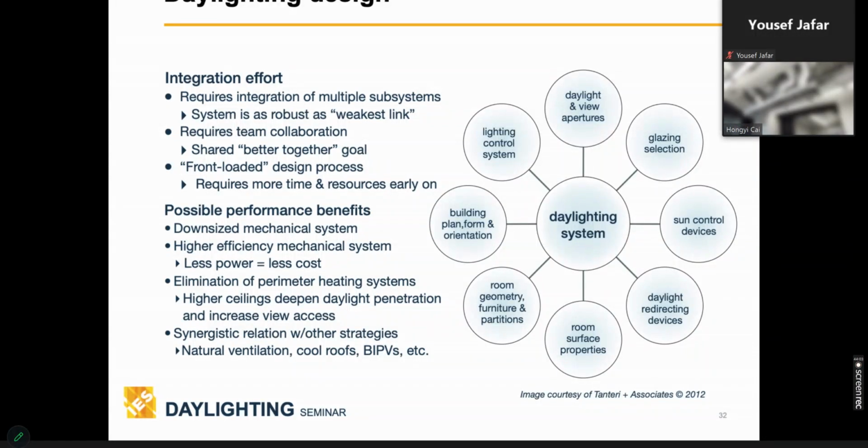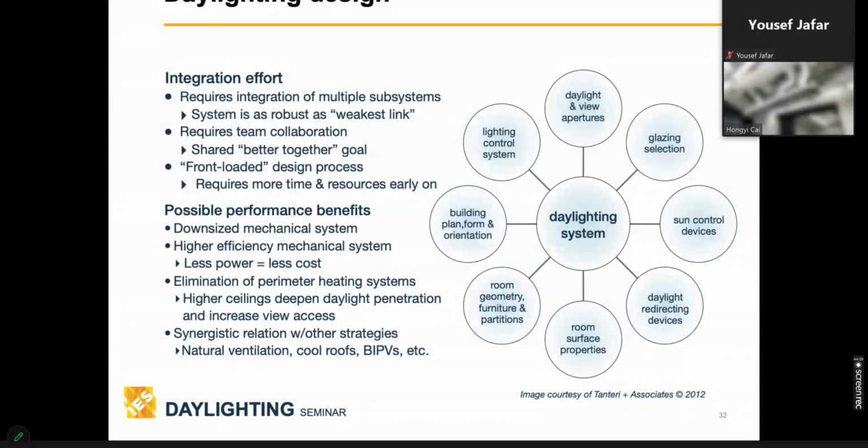If you look at this chart, you will see daylighting systems are related to so many different aspects. For example, daylight view and apertures. This is basically a window or skylight, right? And then related to glazing selections, sun control devices. Sun control devices mean those kinds of shades or blinds or whatever you think you can have. We have a lot of different control devices.